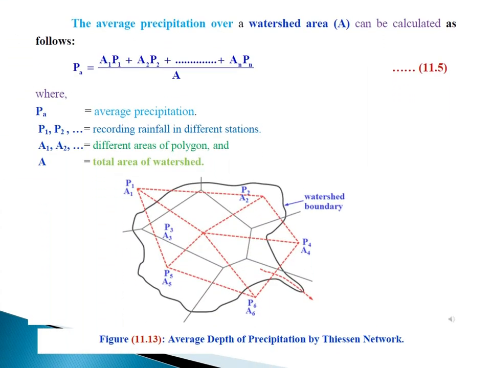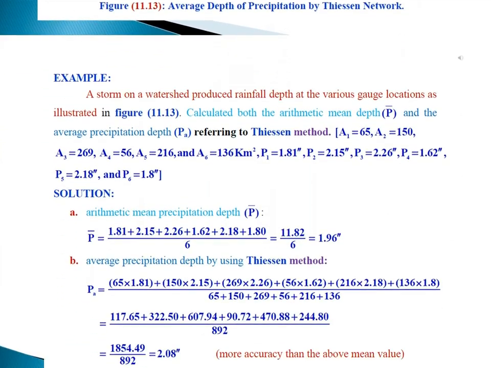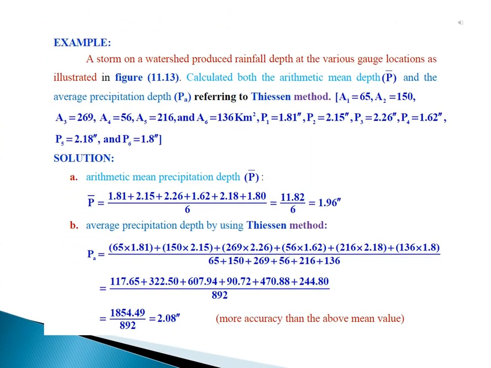Anyway, the average precipitation over a watershed area by the Thiessen method can be calculated as shown in the enclosed equation and figure. Look, my dear, at the example and solution of calculating both the arithmetic mean depth and the average precipitation depth by the Thiessen method.